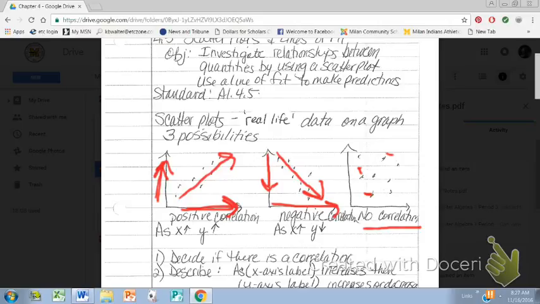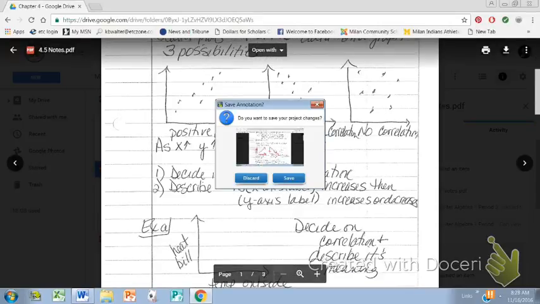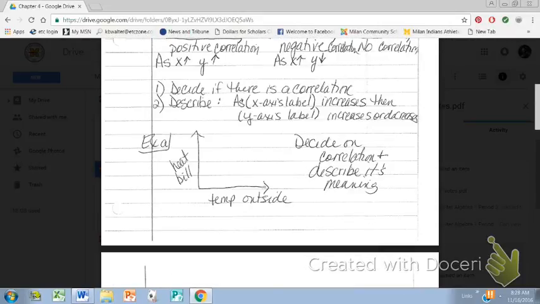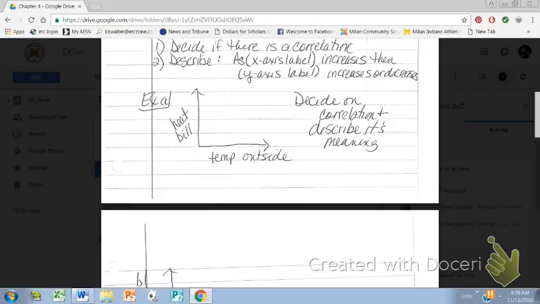So what we're going to do today is decide if there is a correlation to begin with. And if there is a correlation, you have to describe it. You say as the x-axis label increases, because you always read the x-axis from left to right and it's always increasing, you then have to say what happens with the y-axis, whether it would be increasing or decreasing.